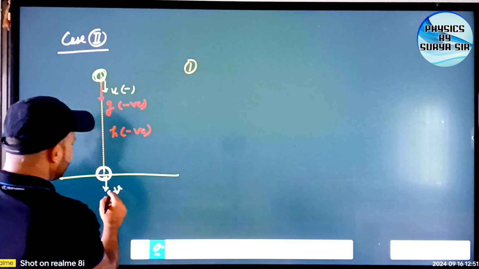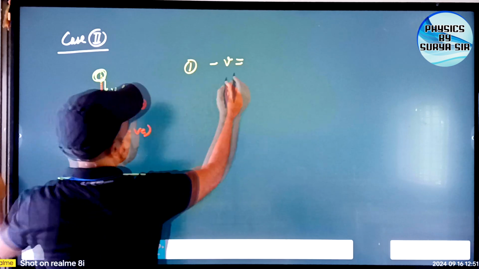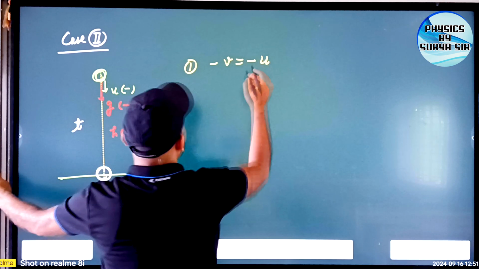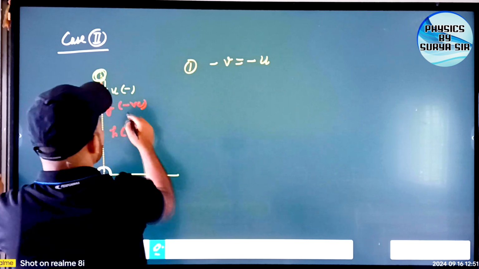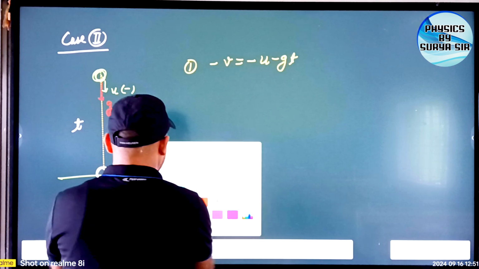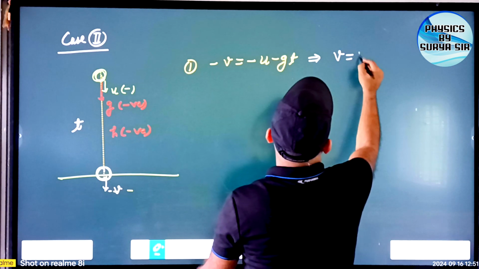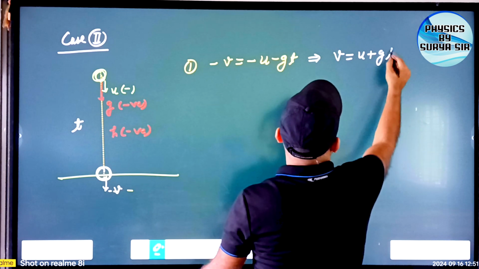So V is negative, so minus V is equal to U, which is also negative, plus AT, so minus GT. If we arrange it, it will become V is equal to U plus GT.